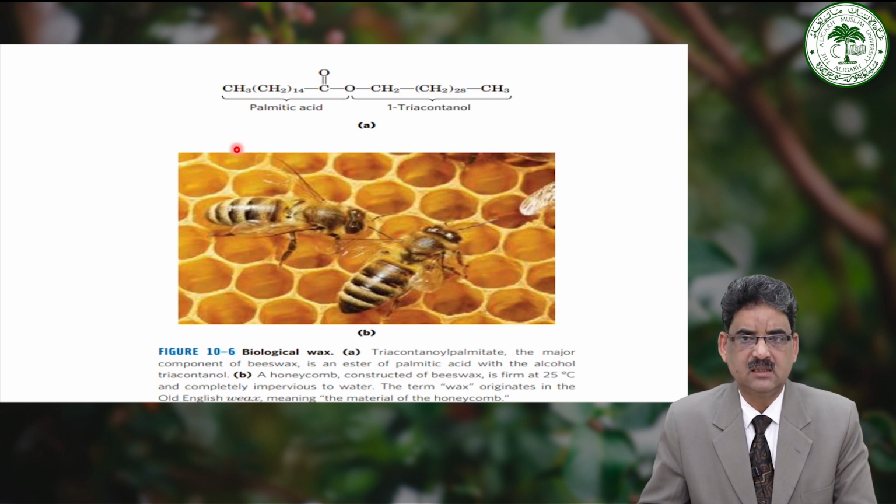As you can see, this figure A shows the primary constituent of beeswax, triacontanyl palmitate, which is formed through the esterification of palmitic acid with the alcohol triacontanol. Beeswax exhibits notable characteristics such as its solidity at room temperature and is completely impermeable to water.